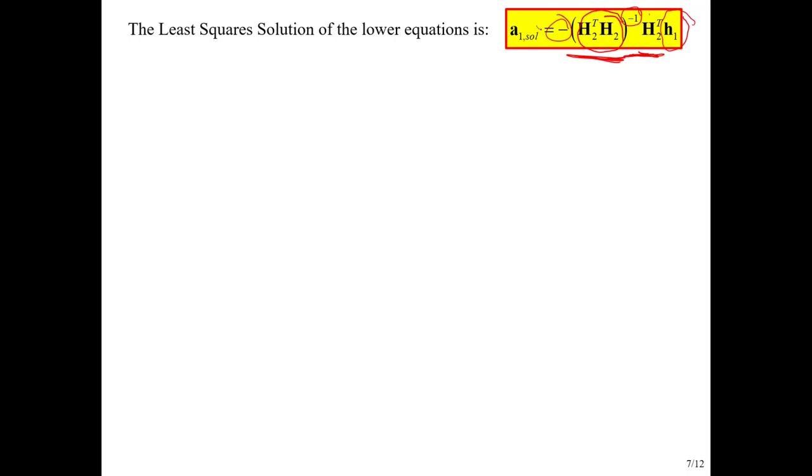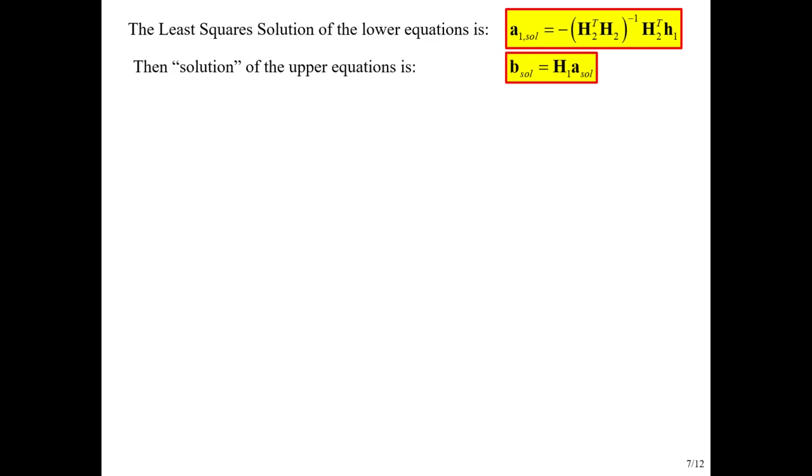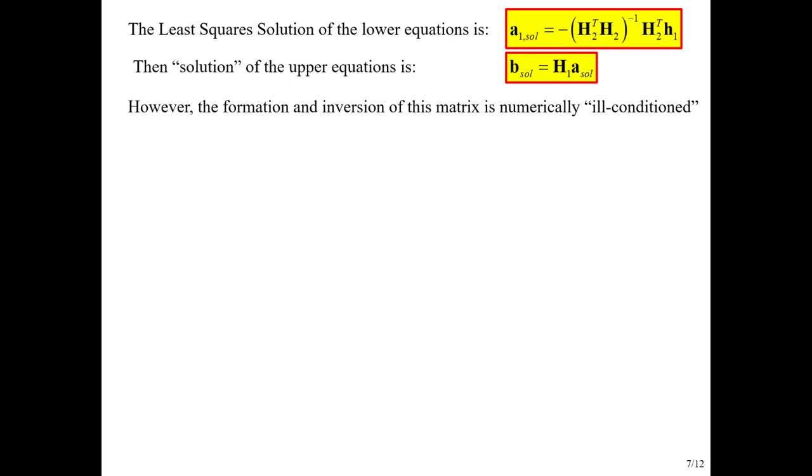And that gives us the least squares solution. So I call that a sub 1 solution, but it's the least squares solution of that. Then plug that into here. So we tack a 1 on the top to get the A solution, which then gets mapped over into the B solution. So now we have all of our parts.